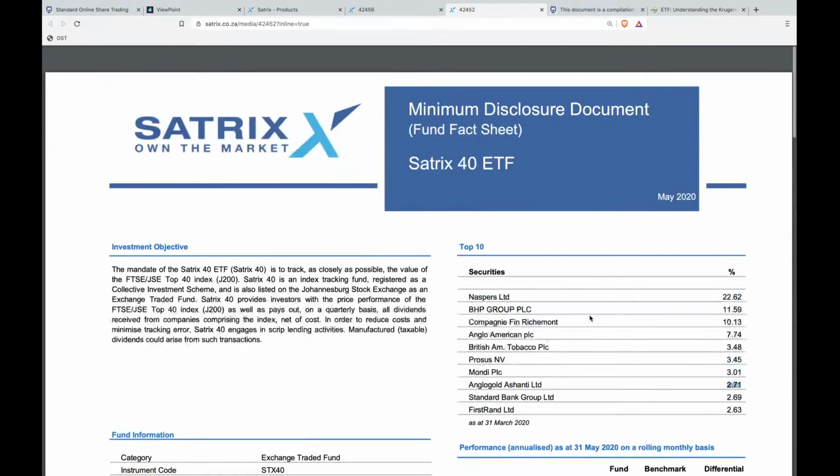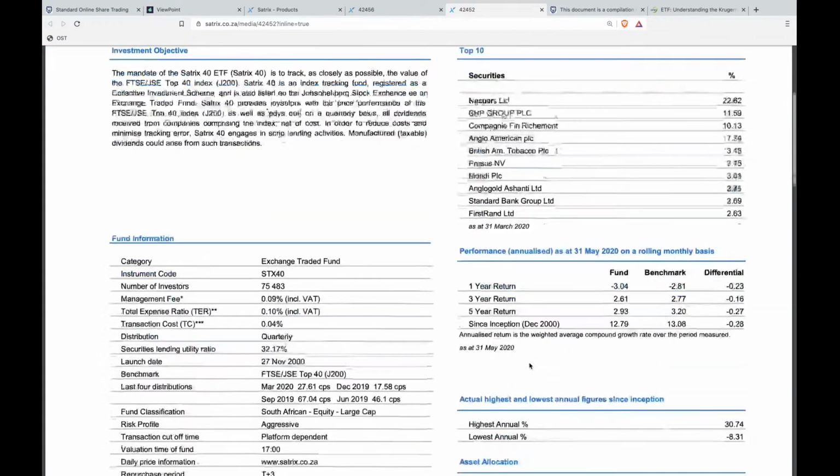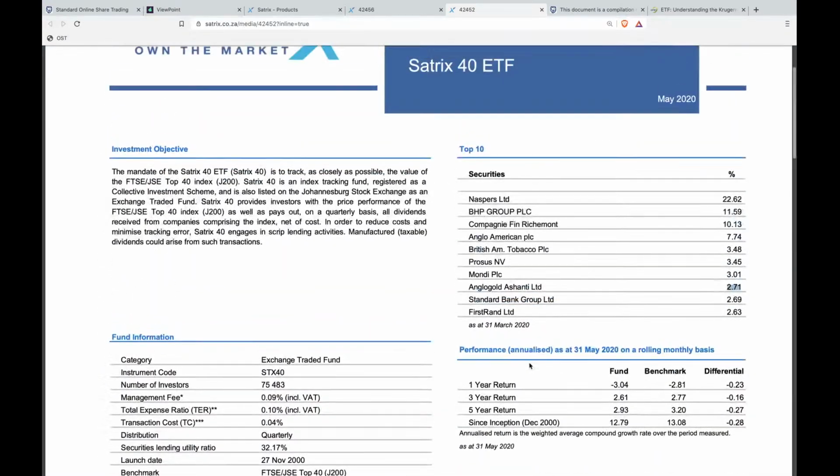That's almost what Naspers and Prosus is, 26%. So your Top 40 does give you some exposure, but it's mostly Anglo and Billiton. Neither of them has gold, although of course they do have commodities and other resource stocks: thermal coal, a lot of iron ore, PGMs in the case of Anglo American.